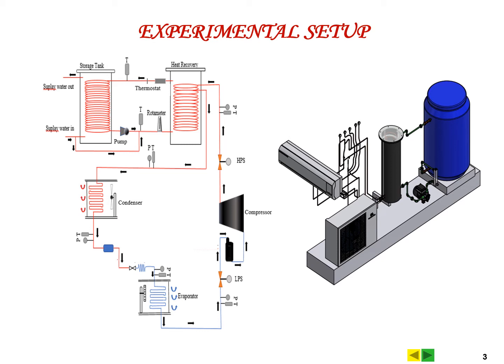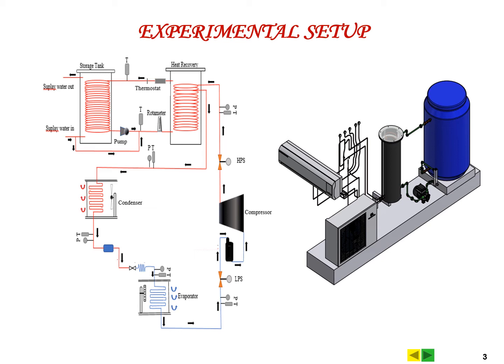We install the heat recovery between the compressor line and the condenser line. The key problem of this research is finding the performance of air conditioning coupled with heat recovery. The heat exchanger device which we use in this experiment is a shell and coil type.